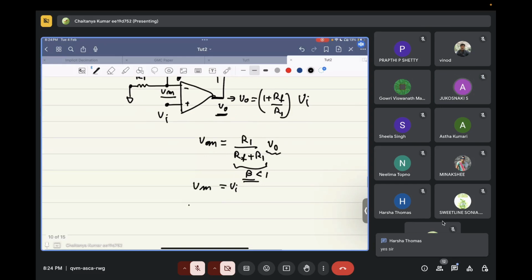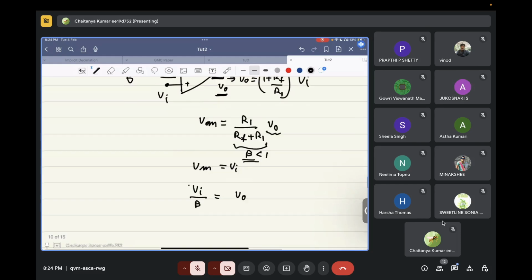Okay, so if Vm is equal to Vi, then Vi by beta is equal to V naught, correct? And what is this beta? This beta is RF plus R1 by R1 times Vi. This is equal to 1 plus RF by R1.